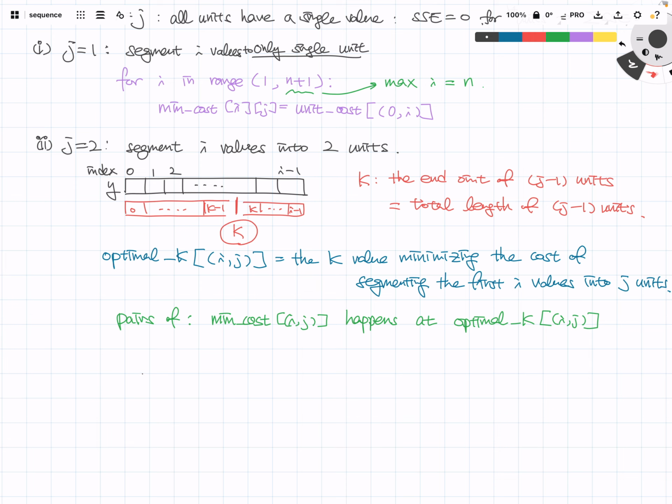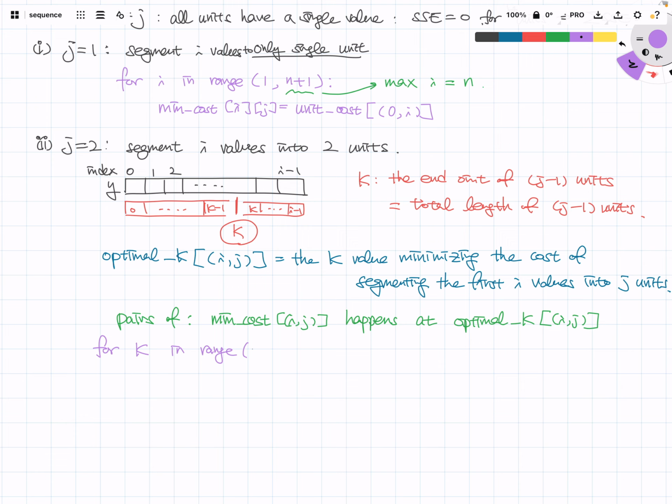So the logic is, when we have i minus 1 length of y and we want to find the k, right? Then what we can do is, give me a pseudocode, for k in range of k can be... k cannot be 0, right?